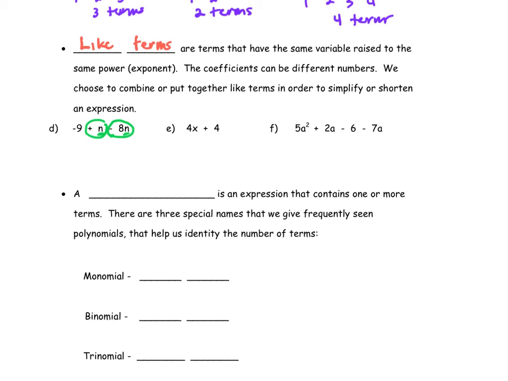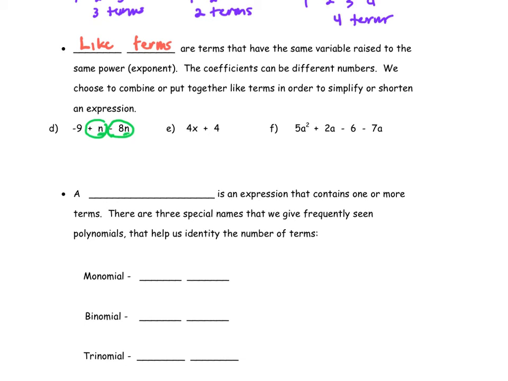Looking at E, I see 4x plus 4. Now I'm really tempted to say that these are like terms because of the 4. However, the definition says something about having the same variable raised to the same power. And I see a variable here, but I don't see a variable here. So these are not like terms.